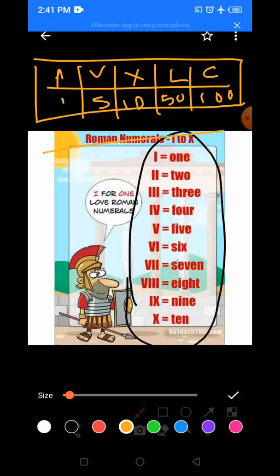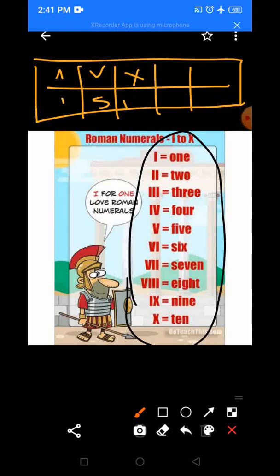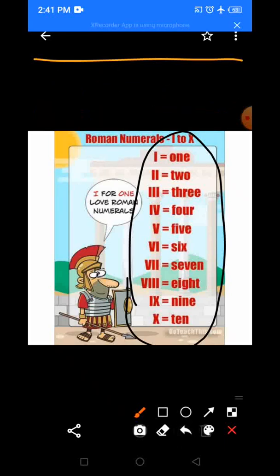Okay, then there is more. D, 500 and M is 1000. Okay. So these you will write in your notebook, and then after that you will write down this, the Roman numerals from 1 to 10.